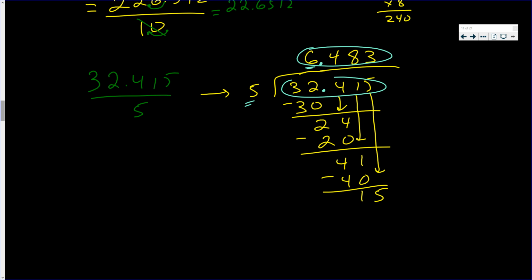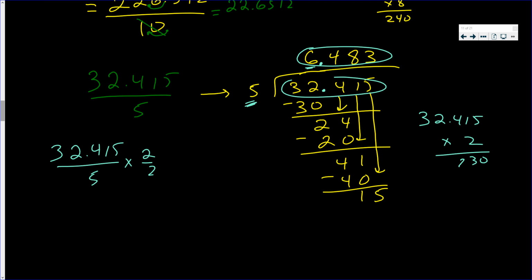Okay, what I would do instead is multiply by 2 over 2. I would take 32.415, and instead of dividing it by 5, I'd multiply it by 2. And I would get 64830 divided by 10. And then I'd move the decimals in one place.